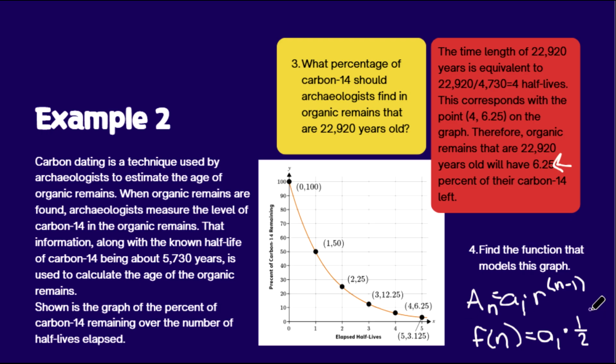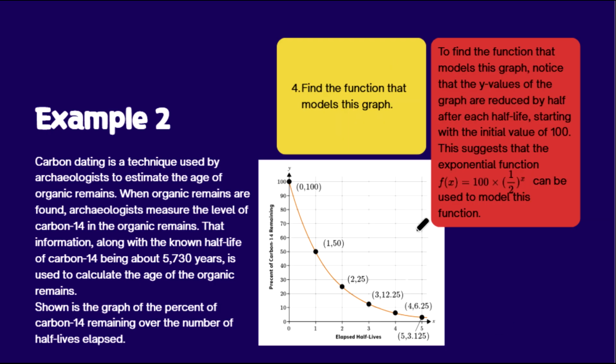And we're going to raise that to the n minus 1. I believe this is what the formula will look like. Oh, they put 100 in, times 1/2 to the x. I used x instead of n. You can use any letter here that you want to. They did put the initial value of 100 in there because they're using percentage in this case.